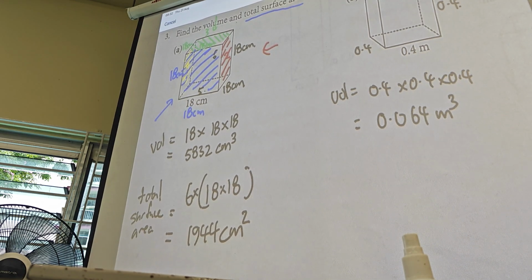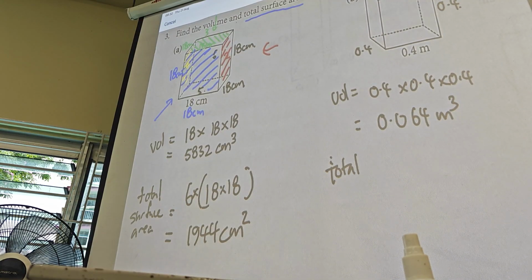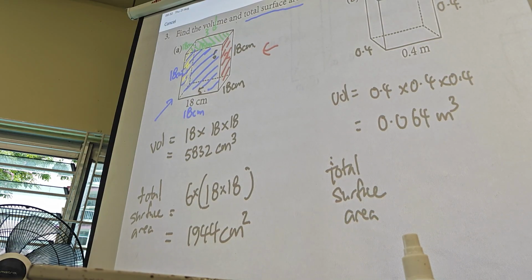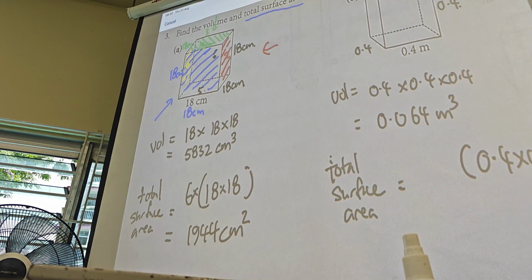And there are 6 square faces. So each of the square faces is 0.4 times 0.4. 0.4 times 0.4 will give me 1 square face. Then there are 6 square faces.